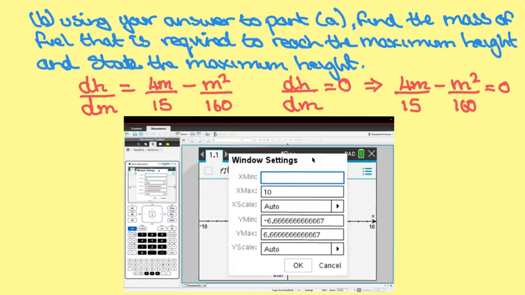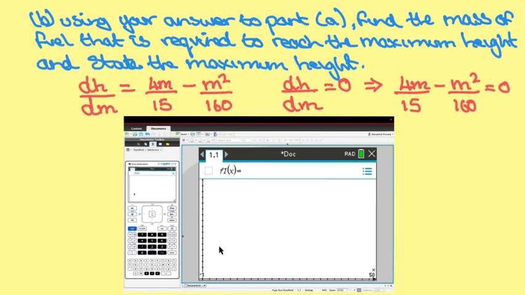So I want the x direction to go from -1 to 50, and I want the y direction to go from -1 to 100. So that's my new window.